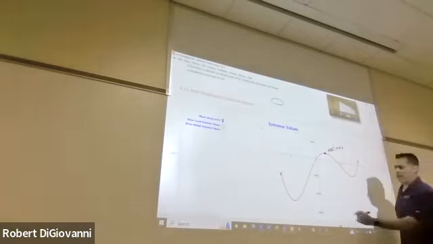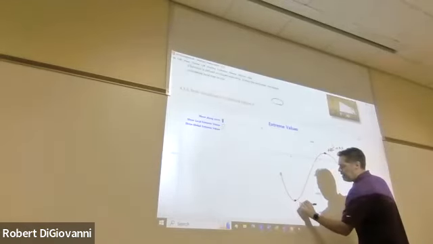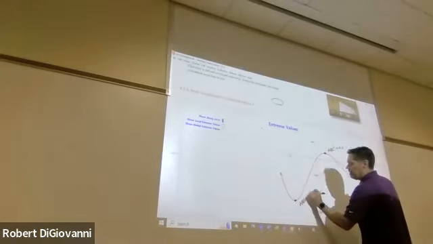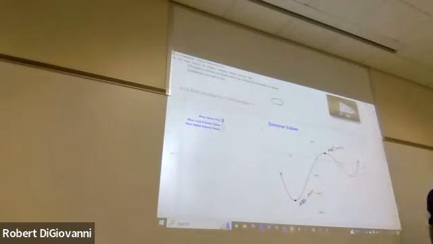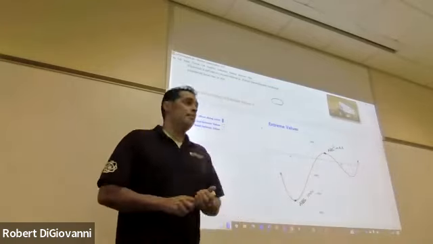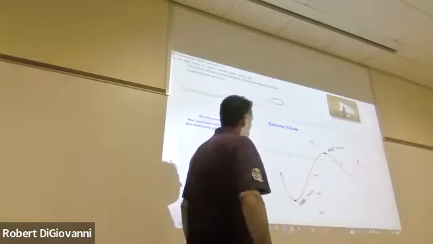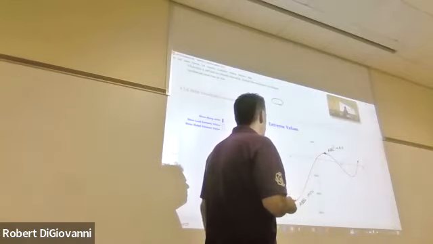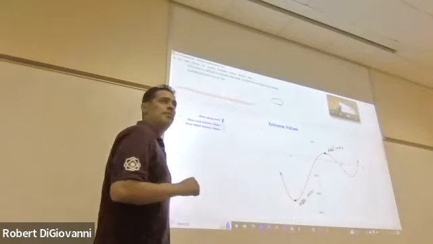And this point right here is the absolute minimum. Make sense? All right. Let's look for local maximums and local minimums. So let's start with local maximums. Anyone want to tell me where you see a local maximum?